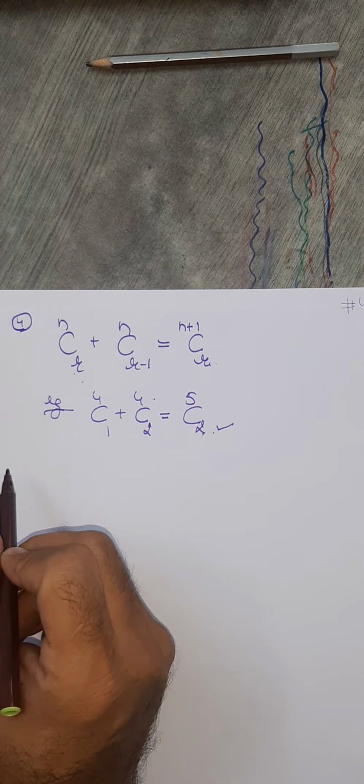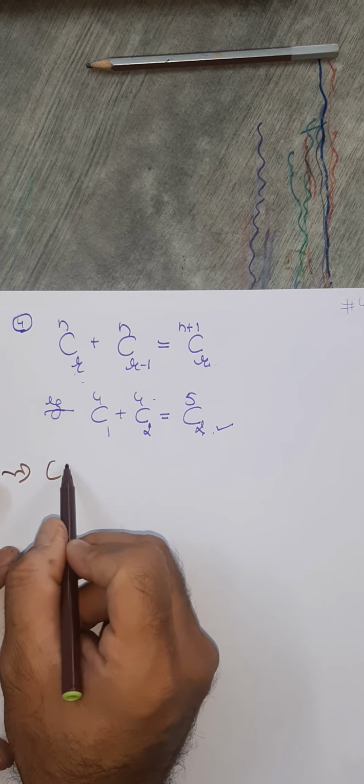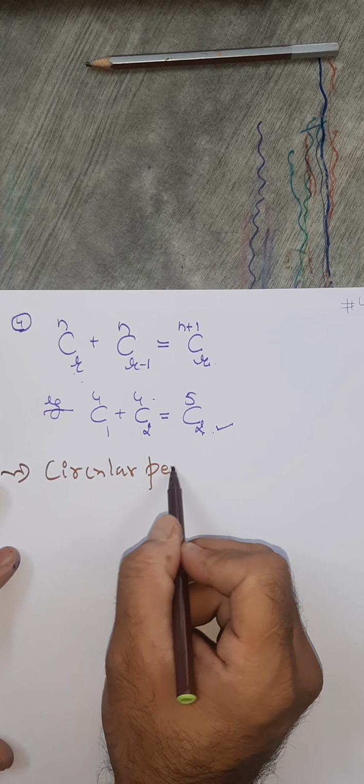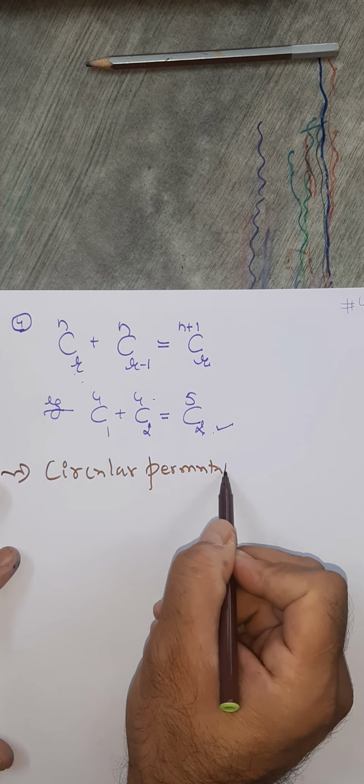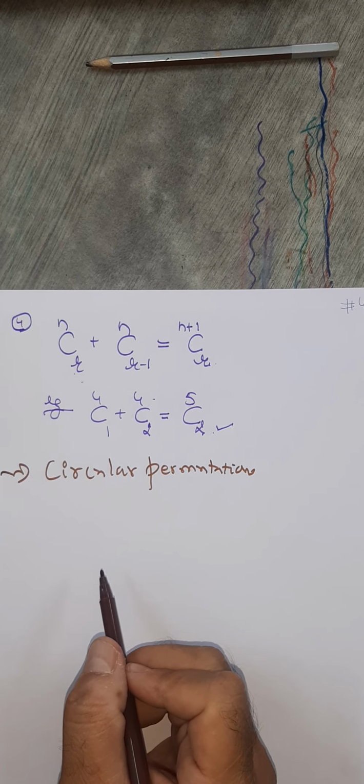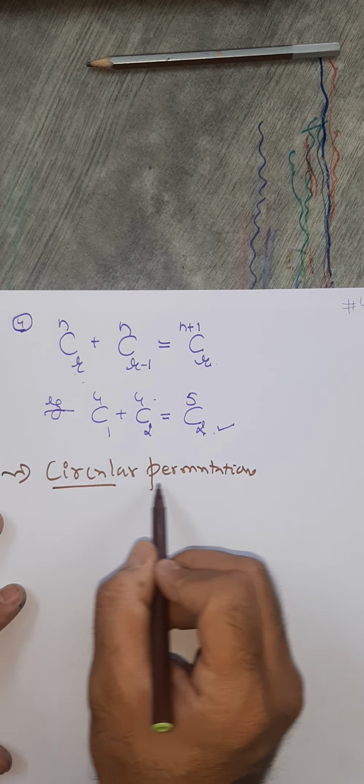Now I want to discuss one more type of permutation here, that's called circular permutation. So what we do here is, we are going to arrange the objects on a circle, remember, that's called circular permutation.